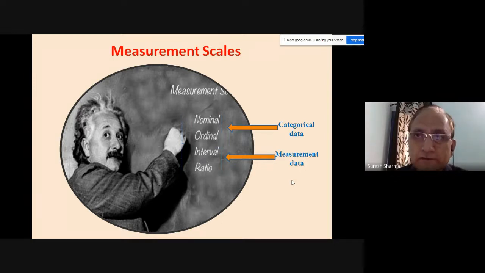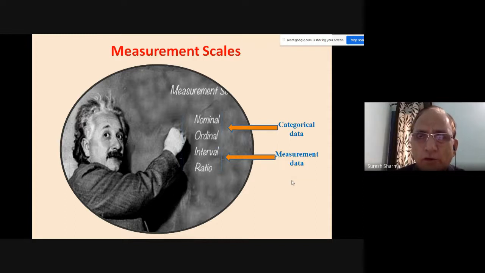Let me give you an example. All mathematical operations are valid in the sense that, let's say, one person has a weight of 90 kilograms, and another person has a weight of 45 kg. If I divide 90 by 45, your answer will be 2.